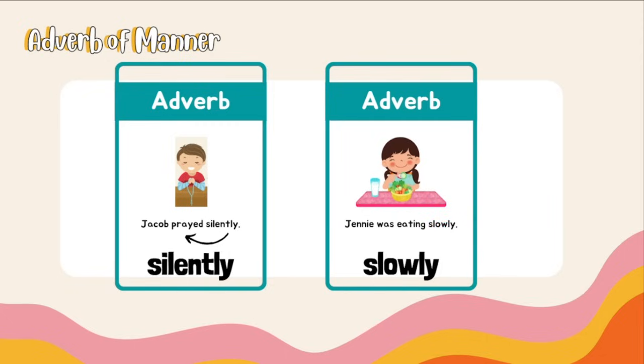Slowly is the adverb of manner because it answers the question how. How did Jenny eat? The answer is slowly. And it modifies the word eating, because eating is an example of an action word.